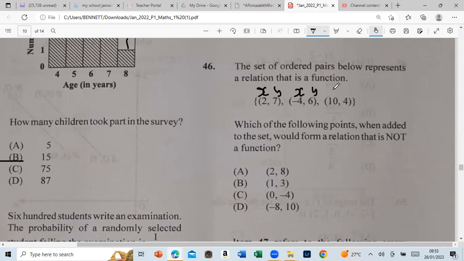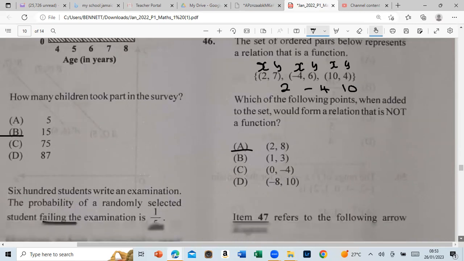So we cannot repeat the numbers here: 2, negative 4, and 10. So it'll be A, because 1 point with the same x value cannot go to 2 y values. So you can't have x go to 7 and also go to 8.